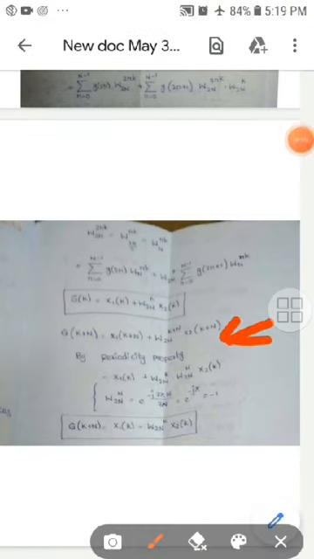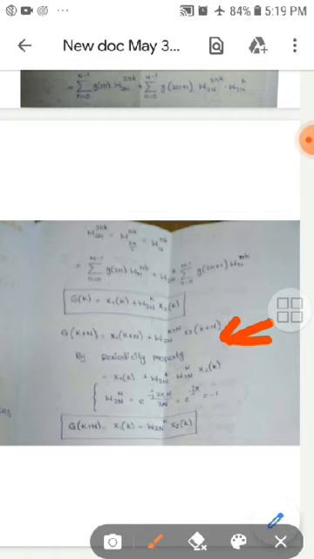Next, G of k plus N is X1 of k plus N plus W 2N to the power of k plus N into X2 of k plus N. By the periodicity property, this is X1 of k plus W 2N to the power of k into W 2N to the power of N into X2 of k.